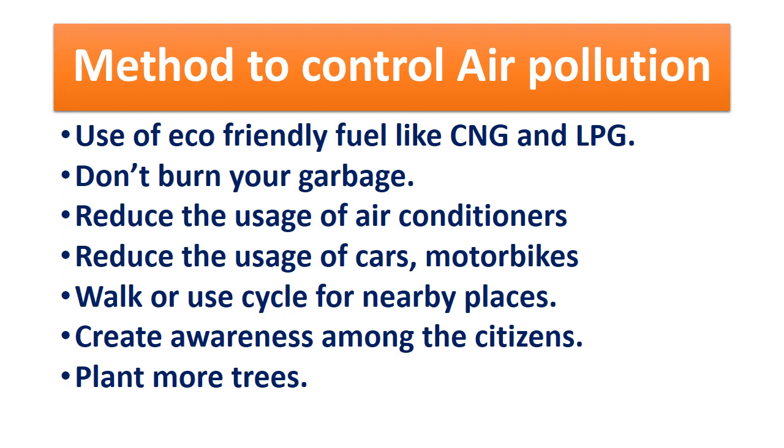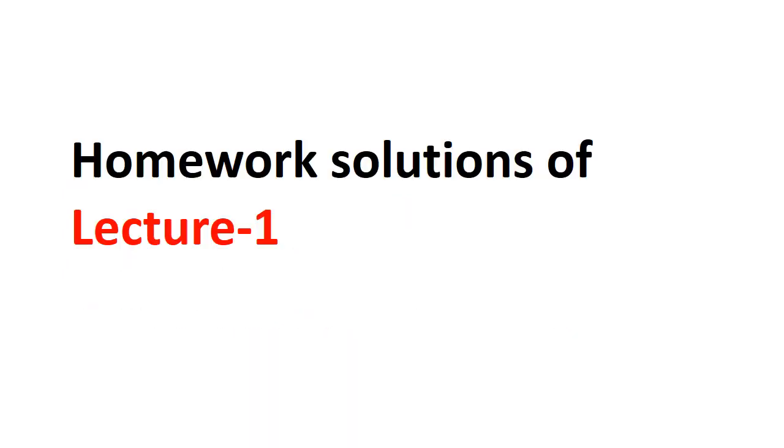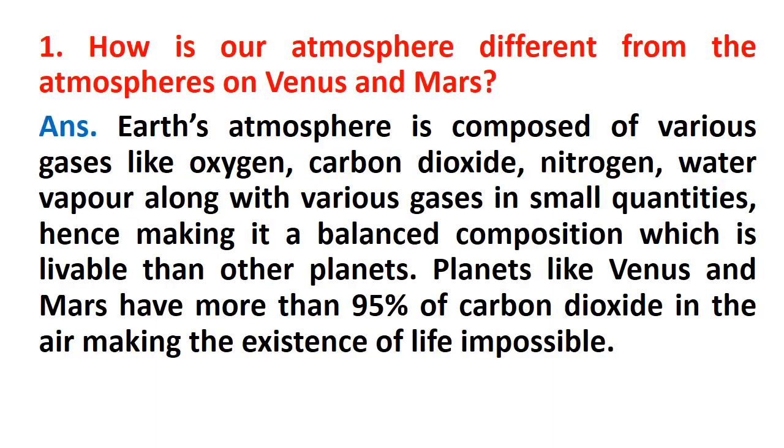So this was about today's lecture. What we discussed? Wind, rain and air pollution. So students, now I would be discussing the homework solutions of lecture number 1. Your question number first was, how is our atmosphere different from the atmospheres on the planets Venus and Mars?